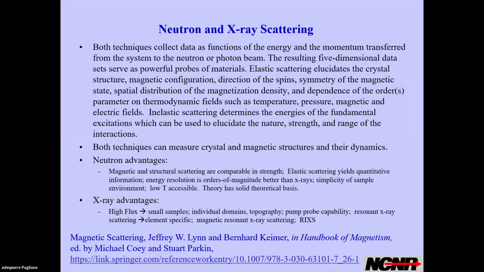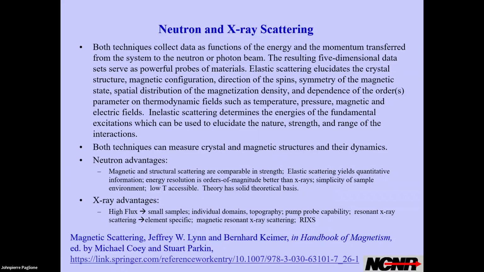And then for magnetic scattering, resonant scattering, you can tune it to the edge. That's a new feature that's available with the invention of the synchrotron, is that you can tune the energy and then you can have element-specific sensitivity, and also you can raise the magnetic scattering so you can see it.